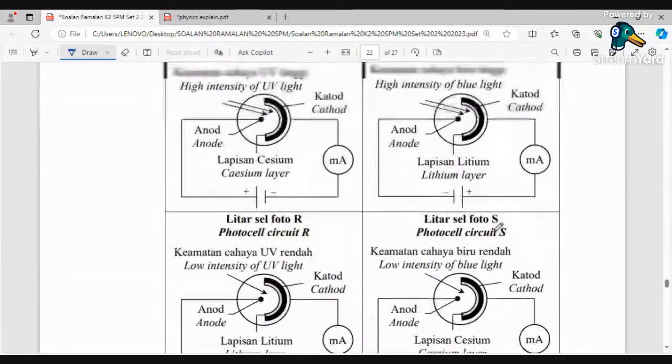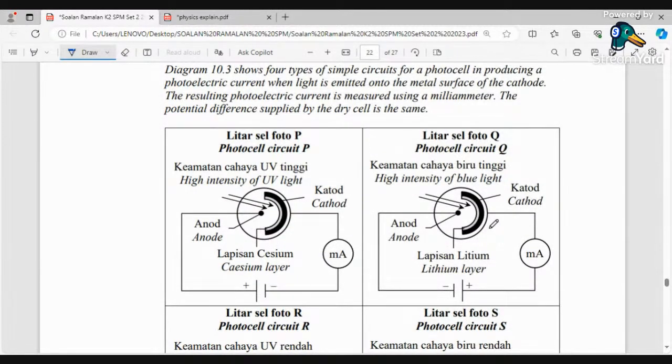Okay, kita nak pilih yang mana? Okay, first the light. Kita akan gunakan high frequency of light. Okay, so kita akan pilih UV.